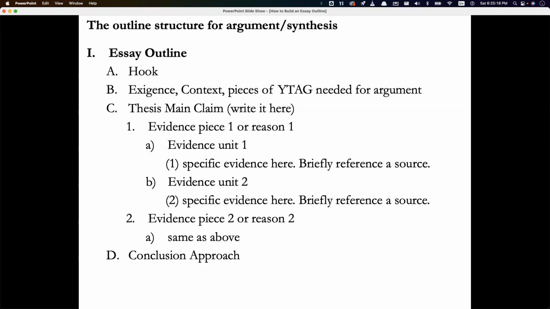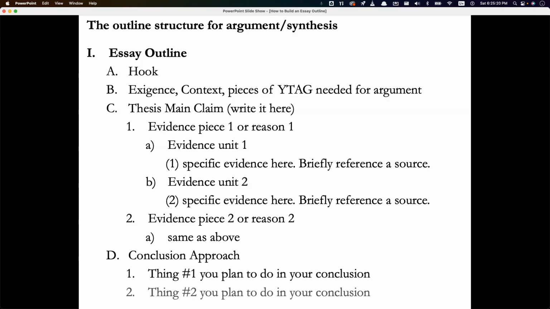I would write that word for word, and then state the 2 things I want to do in my conclusion, and just plan that out in advance. You can always change it when you're actually writing if you decide that that is appropriate, but having a plan going in is helpful. All right, so that is the structure.